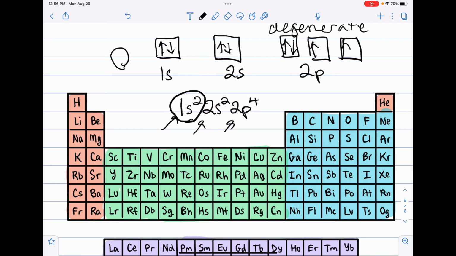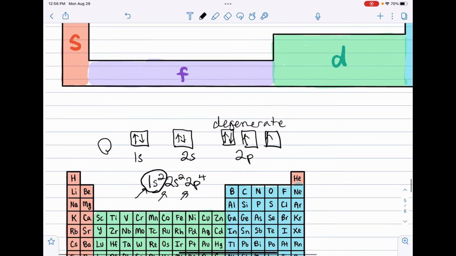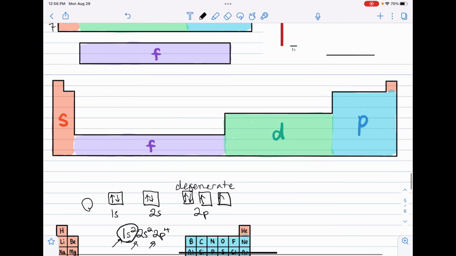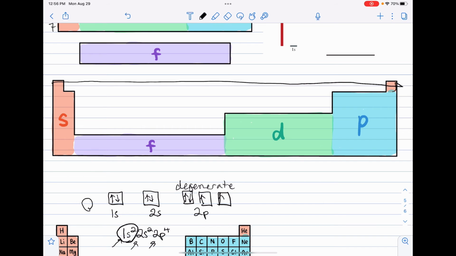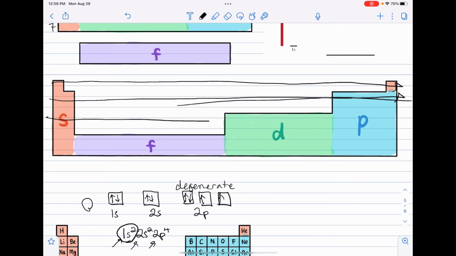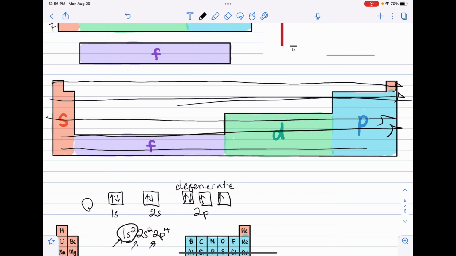Because in angular momentum quantum numbers we count 0, 1, 2, 3, and the letters go with it, S, P, D, F, and it's literally just an order of appearance. So if we look at the periodic table, the real bona fide periodic table that has the F block where it's supposed to be, when we go through, we first see S, and then we're going to see P, and then eventually farther down we're going to see D, and then even farther down we see F as we get to these last two rows.